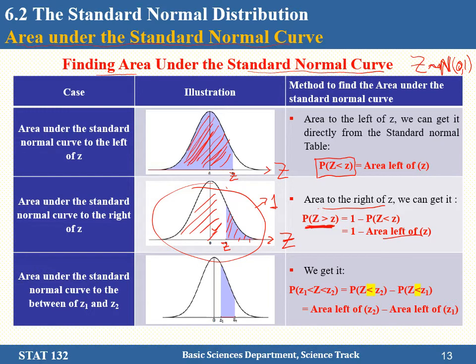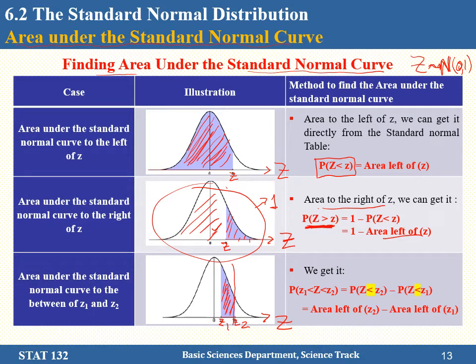If you see this type of notation, P(Z1 < big Z < Z2), and let's say this is Z1 here and this is Z2, and big Z is just a variable here, we're talking about this area. How can you find this area?